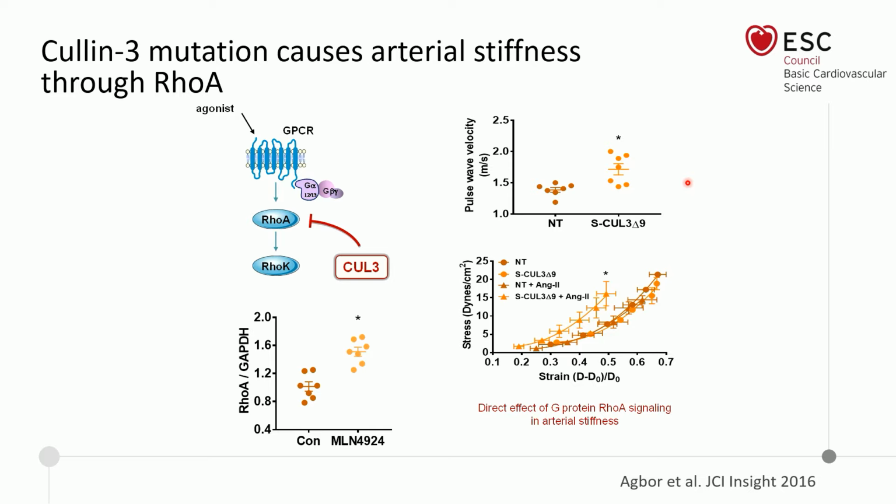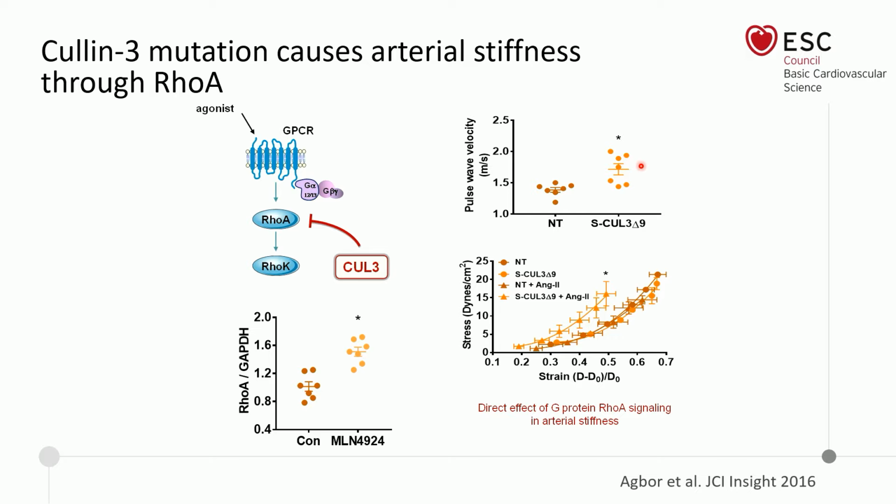There is another molecular pathway involved in RhoA kinase activity. This is the role of Cullin-3 molecules. Cullin-3 is able to inactivate RhoA kinase activity, and a mutation in Cullin-3 in human or in mice is able to increase the level of RhoA kinase activity, and this increase in the activity of RhoA is able to increase the level of arterial stiffness in human and in mice.